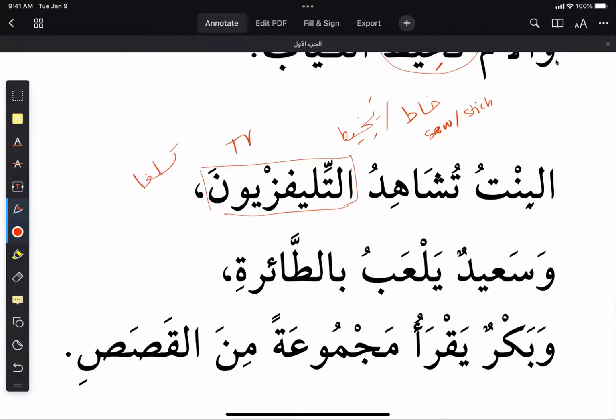Tilfaz also means television, like a TV set, right? This is a mouthful. The easy one is tilfaz. Television is just like, they try to Arabize the English pronunciation, which is always difficult.